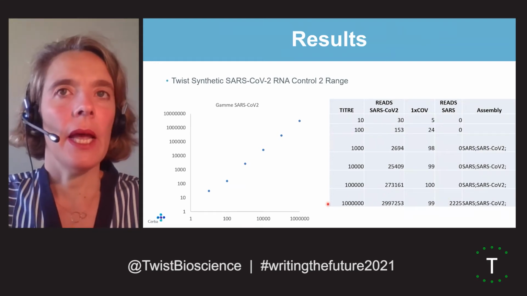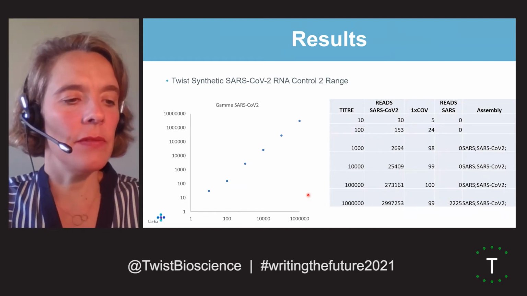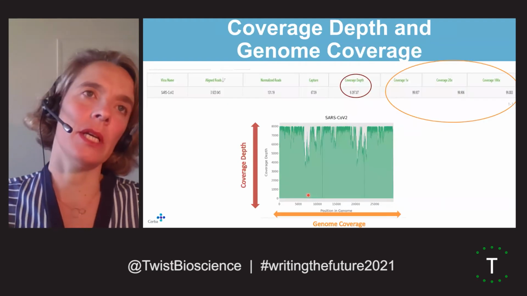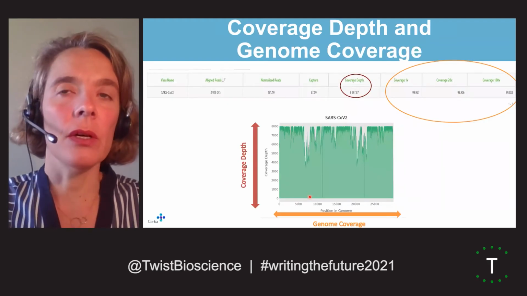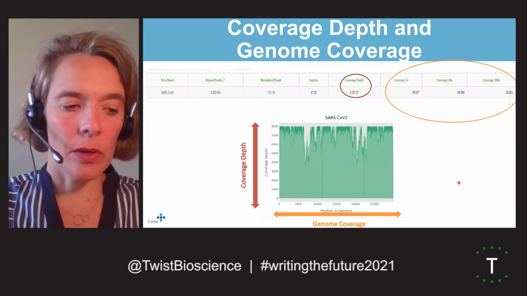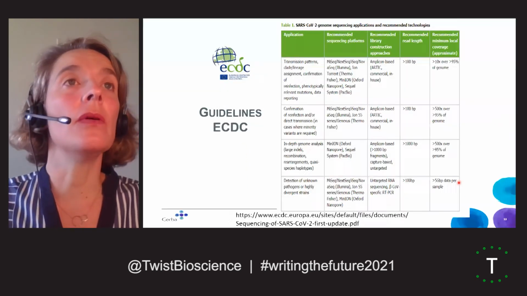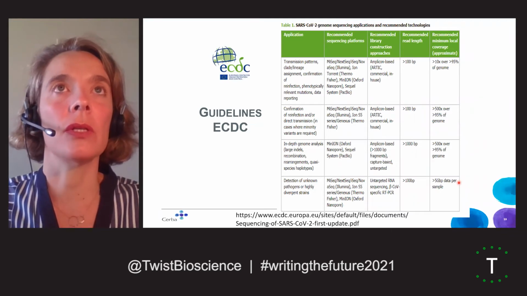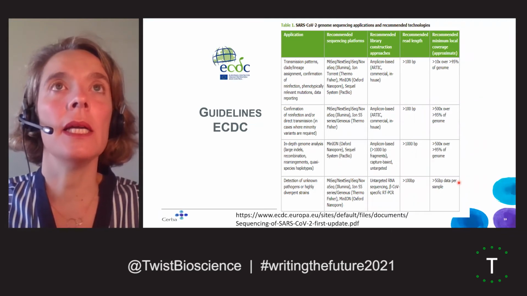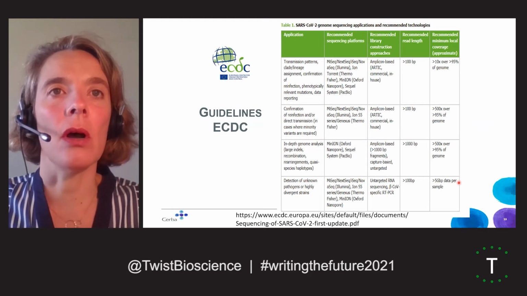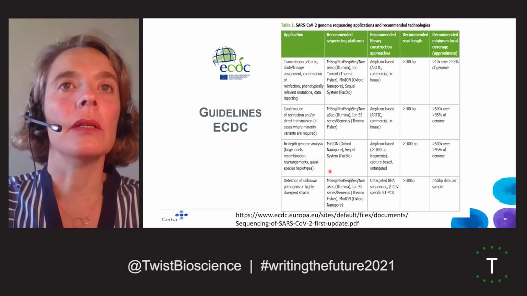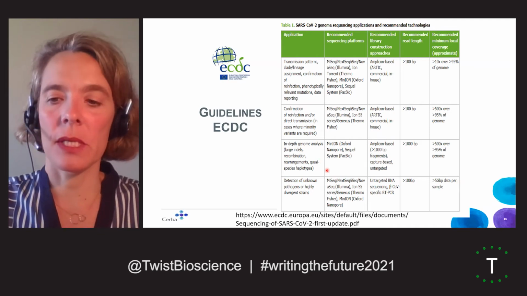A good sensitivity, and a genome coverage and coverage depth good enough to respond to the ECDC guidelines in terms of transmission patterns, clade lineage assignment, detection of unknown pathogens or highly different strains, or to search for quasi-species haplotypes.